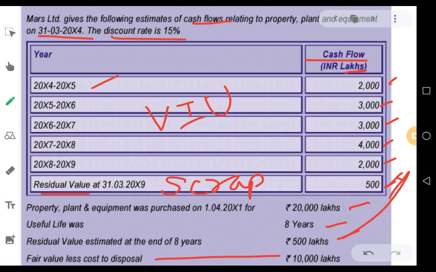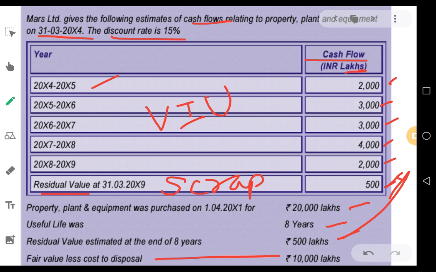So in this problem, the first thing you should calculate is the carrying amount of the asset. Number 2, calculate value in use of the asset. Number 3, fair value is given directly in the question itself.